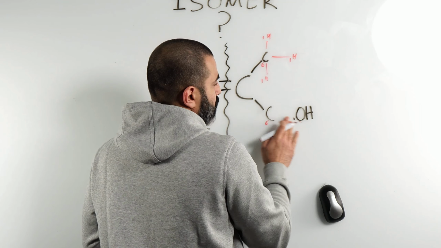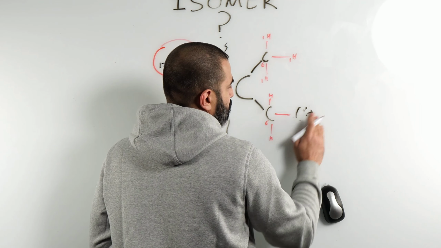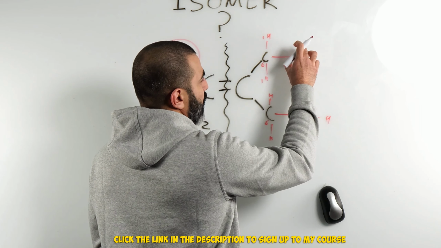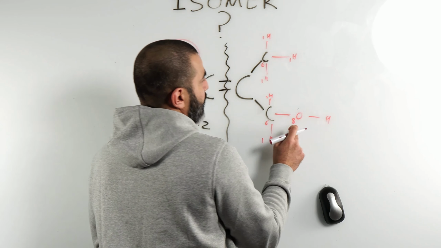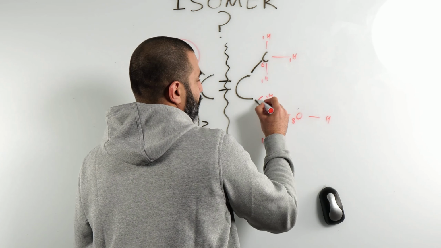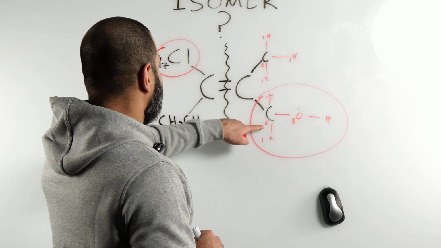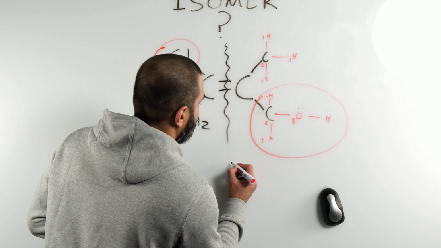So here you've got OH. So we're comparing this point of difference with this point of difference, and that has an atomic number of 8. So 8 is bigger than 1. This then becomes your priority group. You can see that they're on opposite sides of each other, so this is also going to be the E isomer.